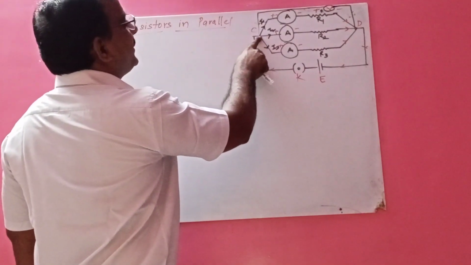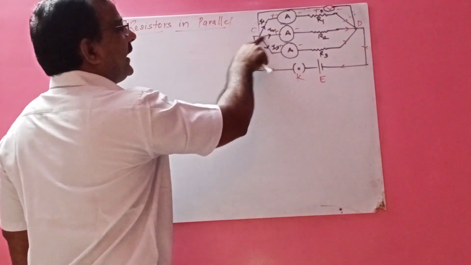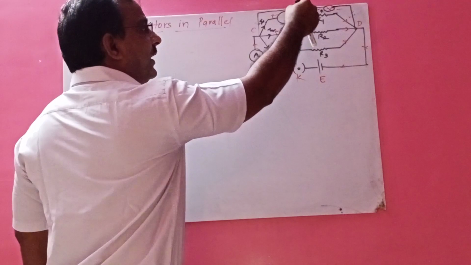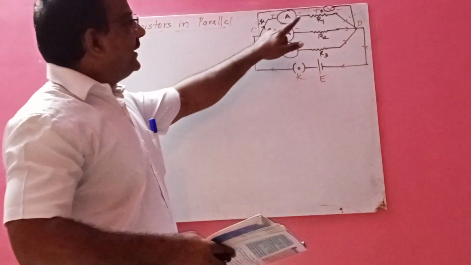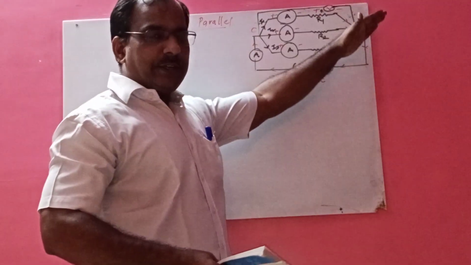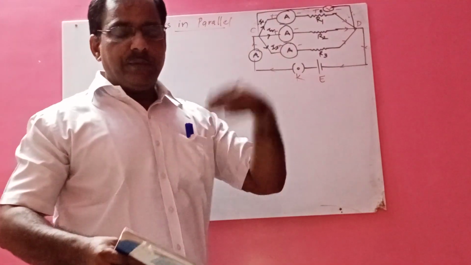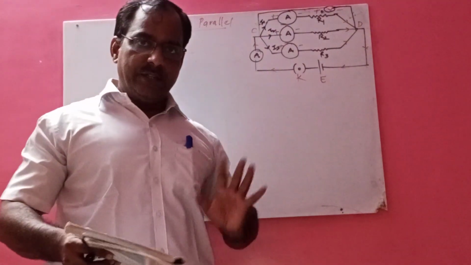Now here the current is divided into I1, I2 and I3. So the currents flowing through these resistors are different, children, but the potential difference is the same. So we have to find out here the effective resistance. I hope all of you have understood.